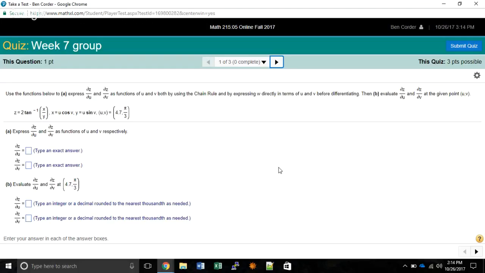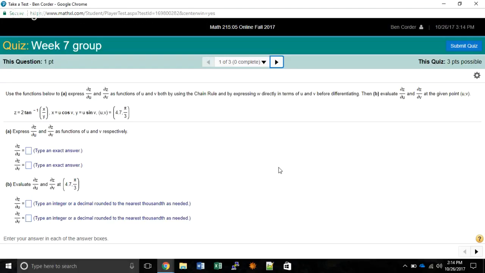Okay, so step 1, dz over dx. Let's see. What is the derivative of the inverse of tangent?